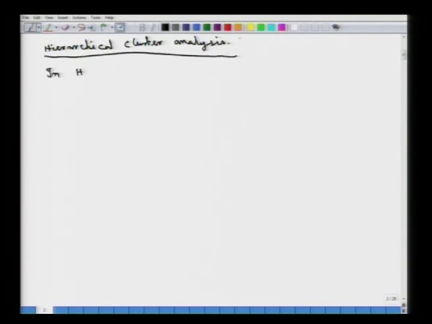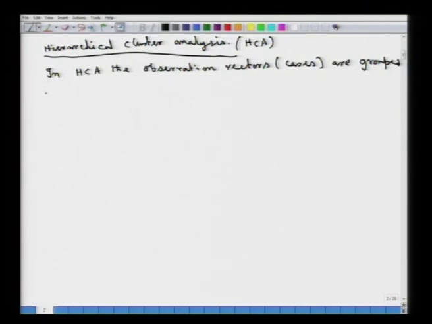In hierarchical cluster analysis, let me call this HCA, the observation vectors, which basically are cases, are grouped together on the basis of self similarity, or on the basis of their mutual distances.